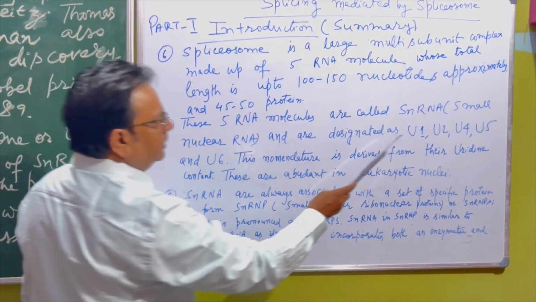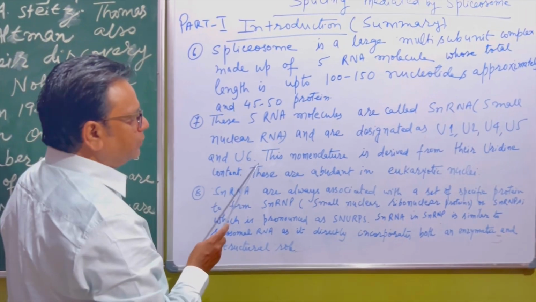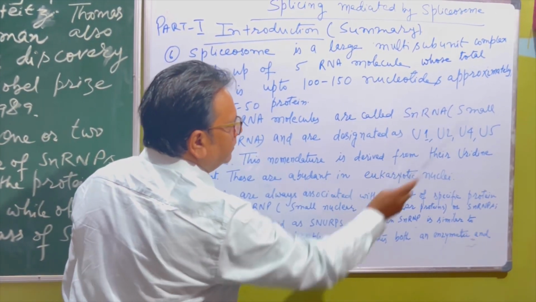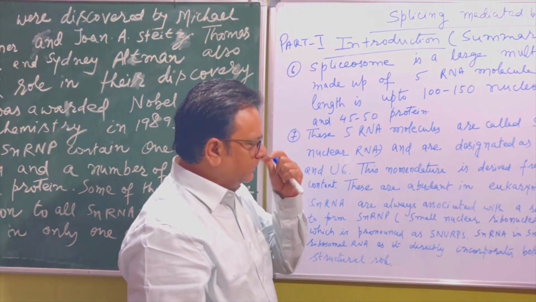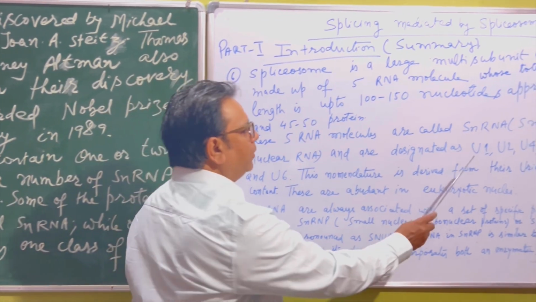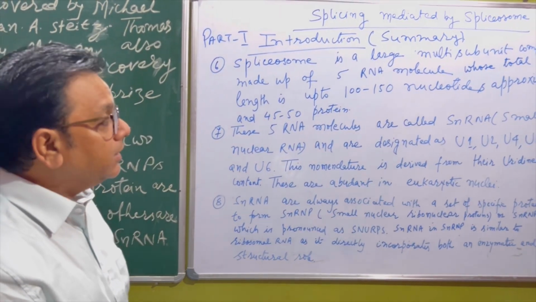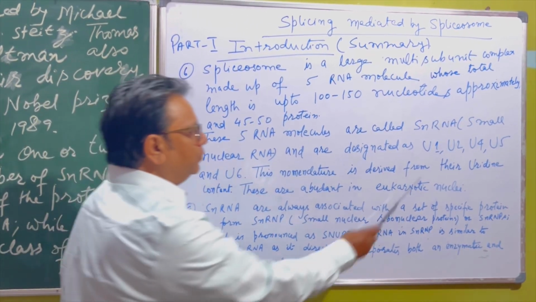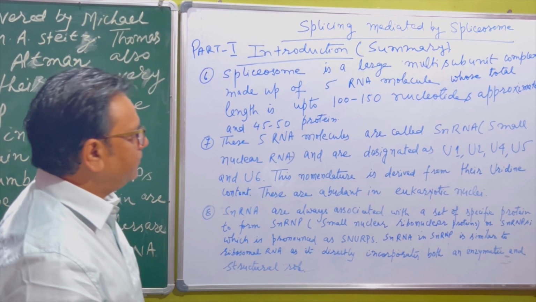Again, they have been designated by these letters: U1, U2, U4, U5 and U6. That is, U3 is missing in the sequence, so you have to remember that U3 is not in the sequence. The sequence for the 5 snRNA is U1, U2, U4, U5 and U6.